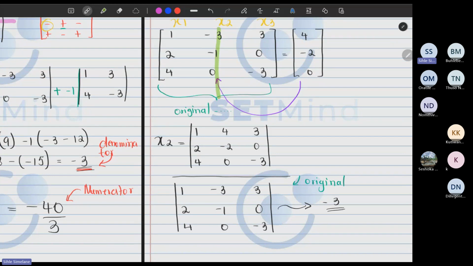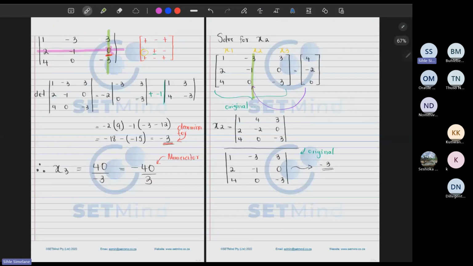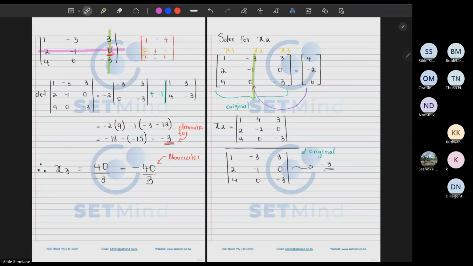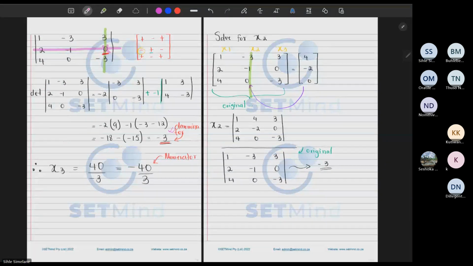I calculated it previously on the previous page, which is here. That's the denominator. So the numerator is changed because we are solving for something different. So let's take the numerator and paste it here and start solving for it.